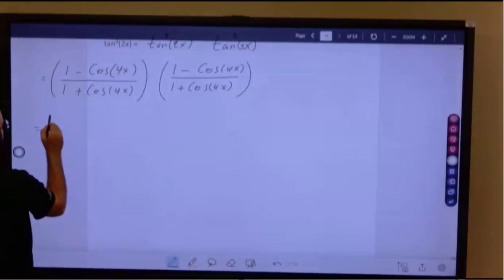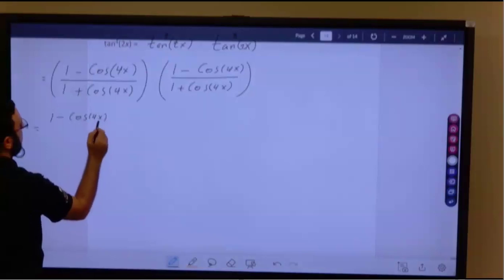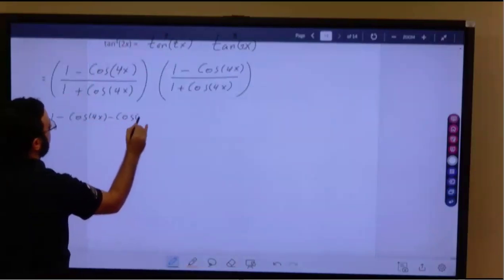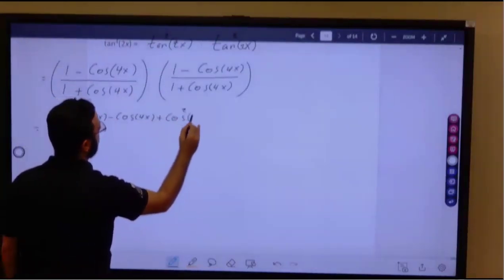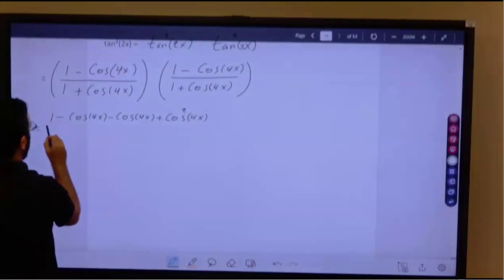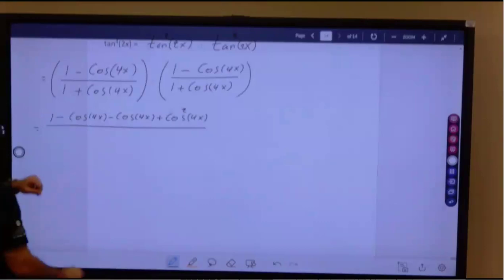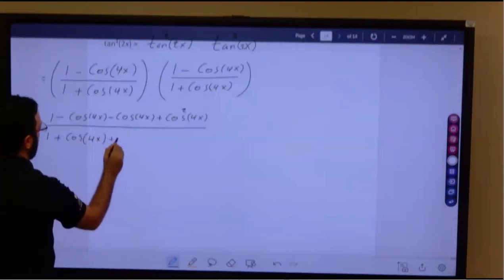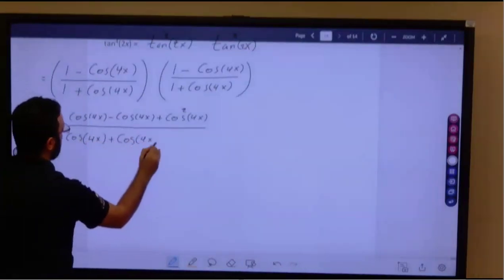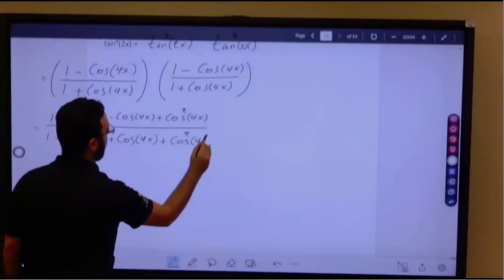1 times 1 is going to be 1, minus cosine 4x, minus cosine 4x, and plus cosine squared of 4x, everything divided by exactly the same thing but with plus. 1 times 1 is 1, plus cosine 4x plus cosine 4x plus cosine squared of 4x.